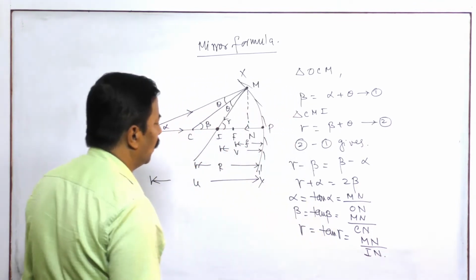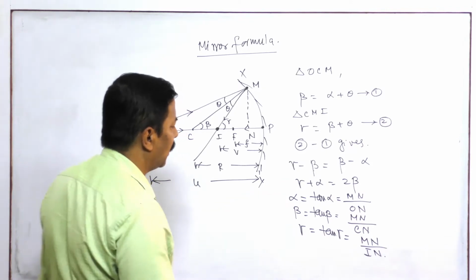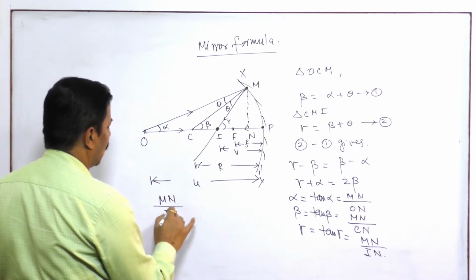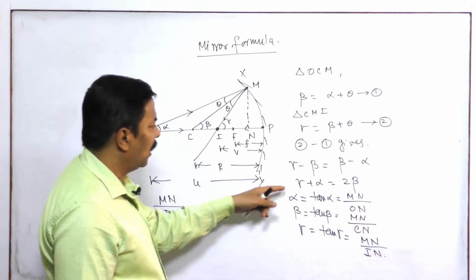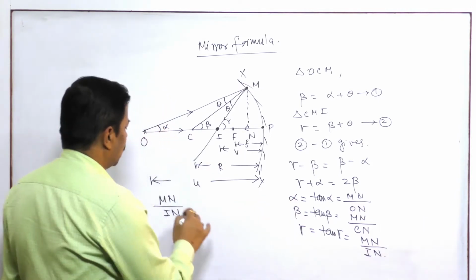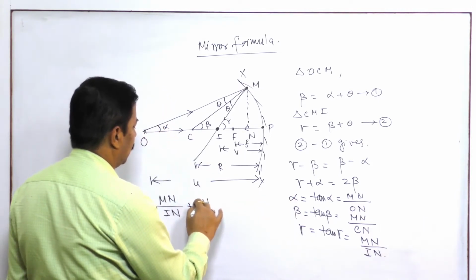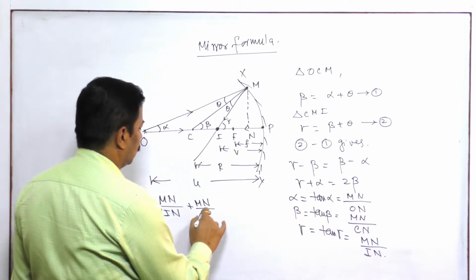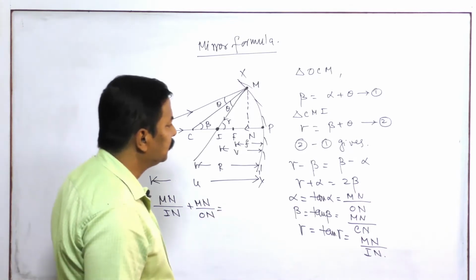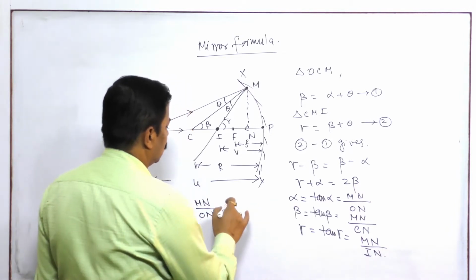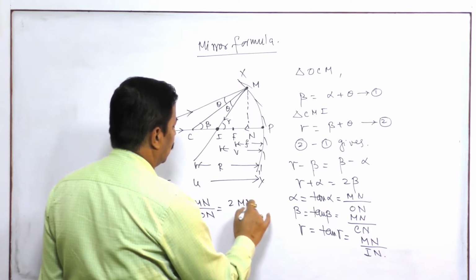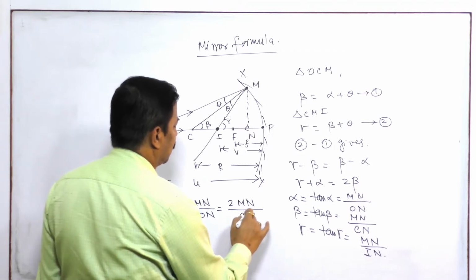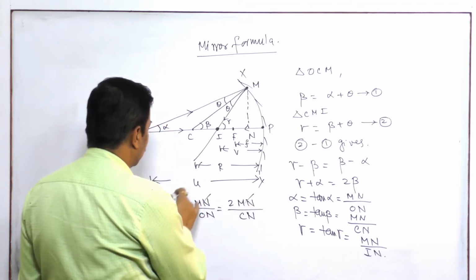So what we are getting is gamma plus alpha, that is MN by IN plus MN by ON, is equal to 2 beta, which is 2 MN by CN. This MN will cancel.